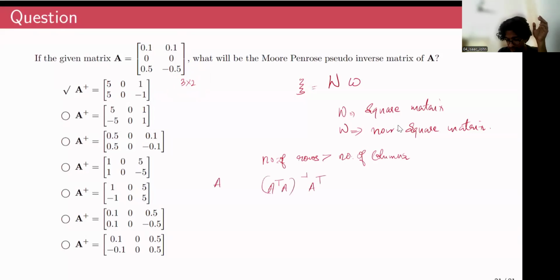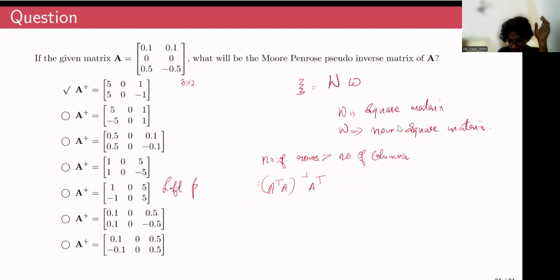If I call this A pseudo inverse, the left pseudo inverse of A is defined as, or rather, I'll just write it out here.